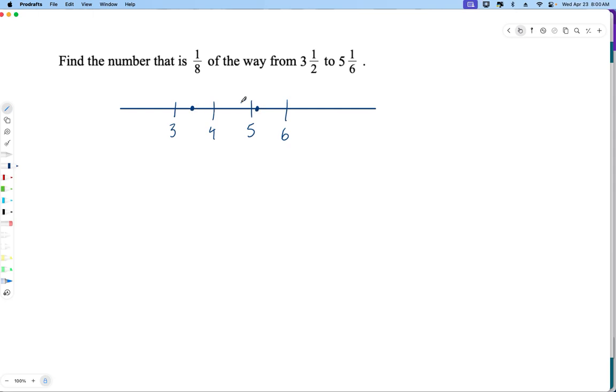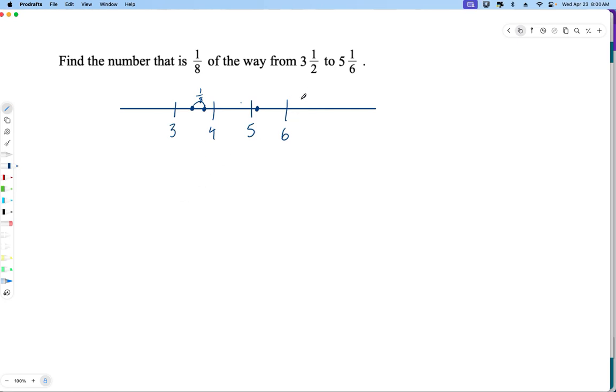So the first thing we have to do is find the distance here, and then we want to divide it by 8. We want to get 1/8 of that distance and add it back to the starting point so that we can come 1/8 of the way and know what this point is right here.